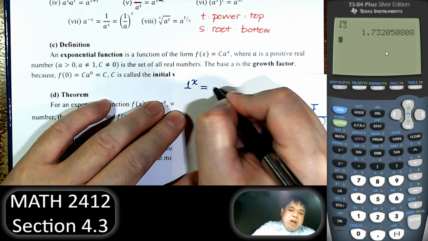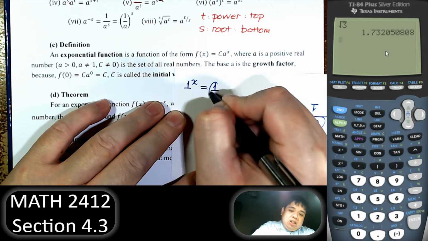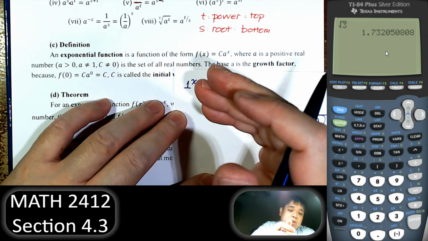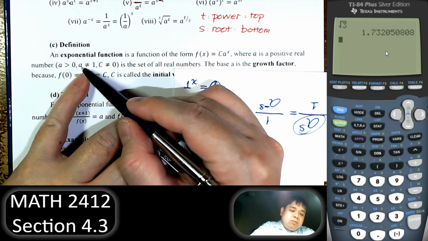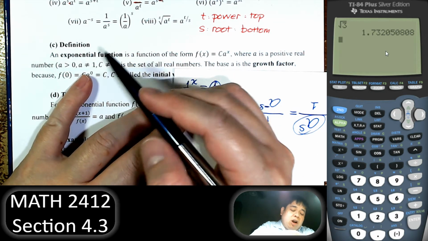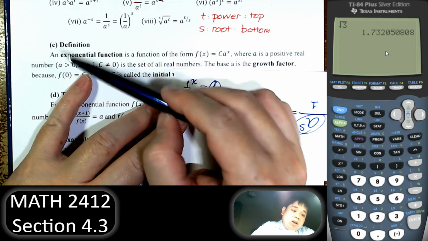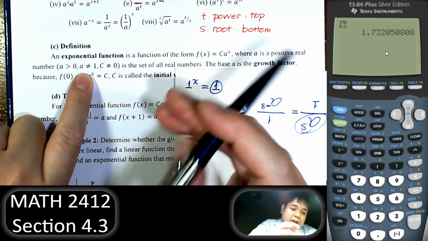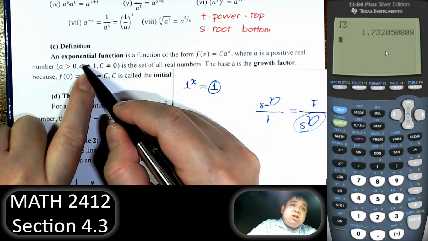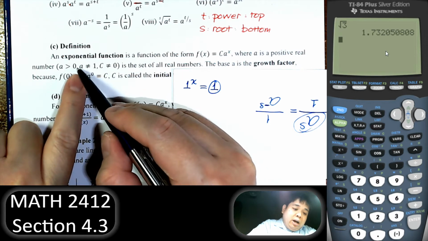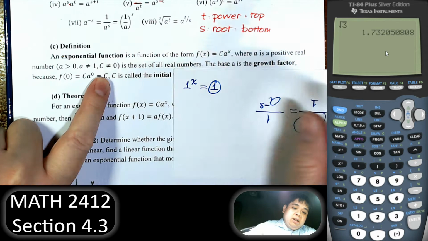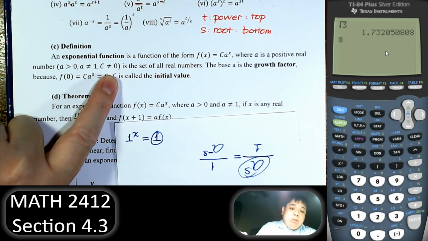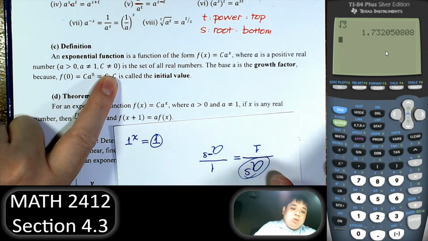Because 1 raised to any power is still 1, and we just have a constant, so it's not really interesting. We don't want that function to be a constant, so we make the base positive and not equal to 1. And then c, we don't want that to be 0 either, so we choose c not equal to 0.